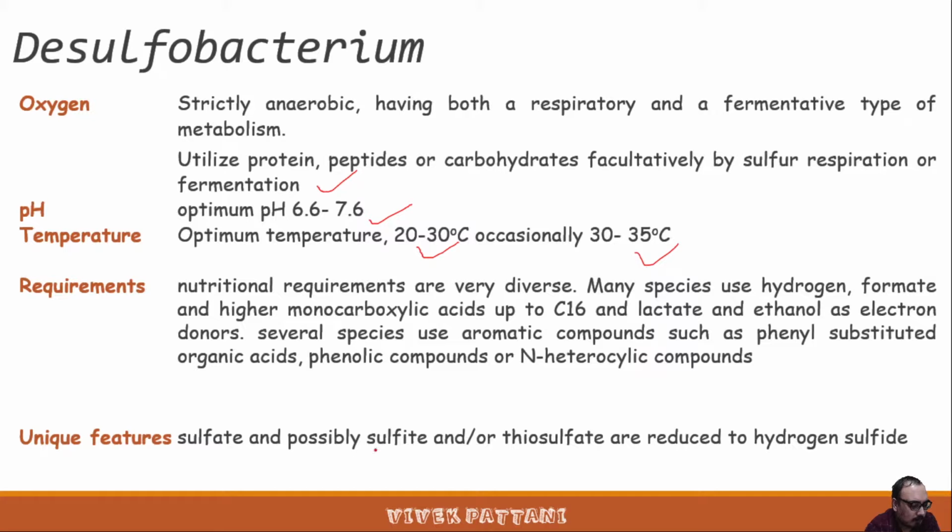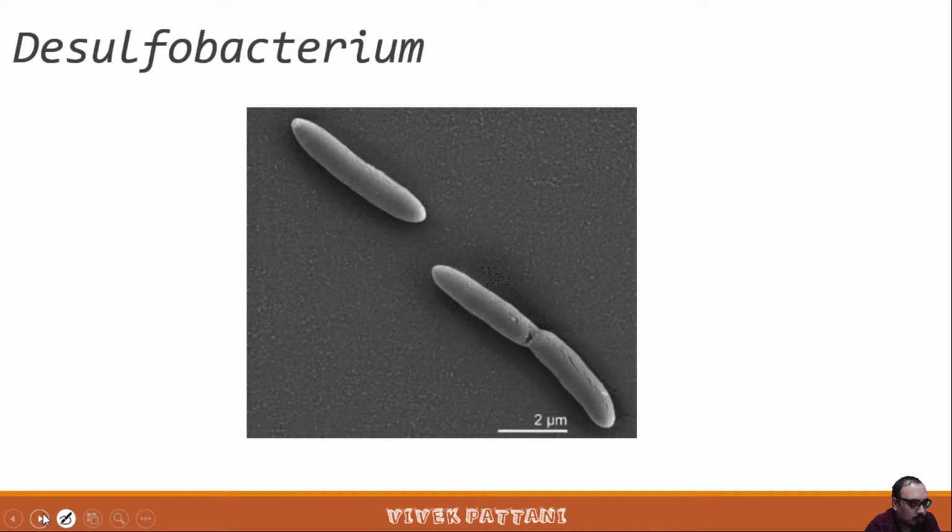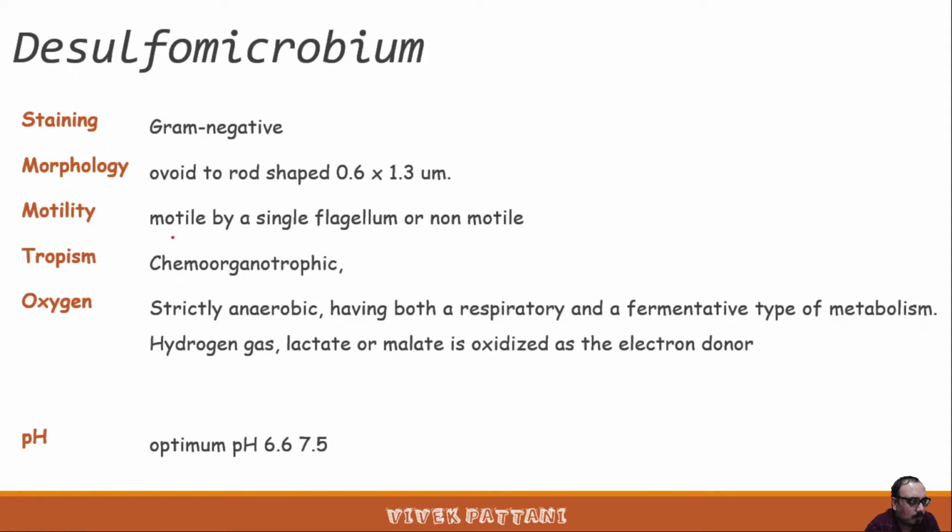A unique feature is that sulfates, and possibly sulfite or thiosulfate, are reduced to hydrogen sulfide. So at the end of respiration, where sulfur compounds are used, the end product will be hydrogen sulfide. This is a photograph of a Desulfobacterium.